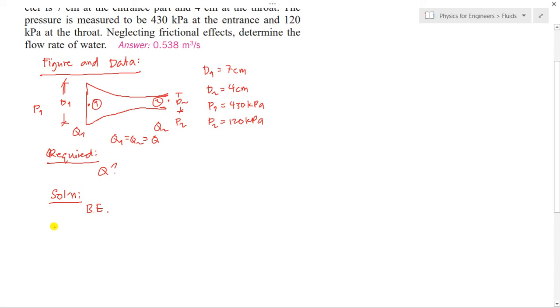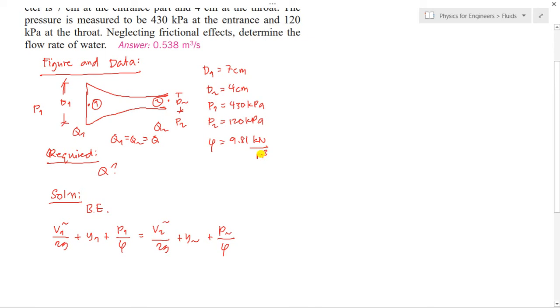The velocity head, that is V1 squared over 2g, plus the elevation Y1, plus the pressure head, P1 over the specific weight, is equal to the velocity head at point 2, V2 squared over 2g, plus Y2, plus the pressure at point 2 over the specific weight. Water is used here, so the specific weight of water is 9.81 kilonewton per cubic meter.